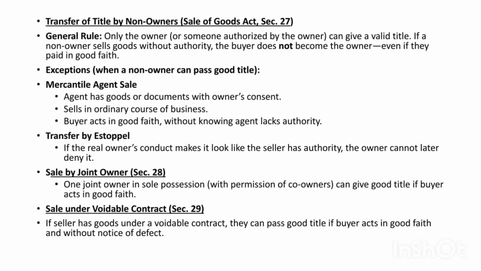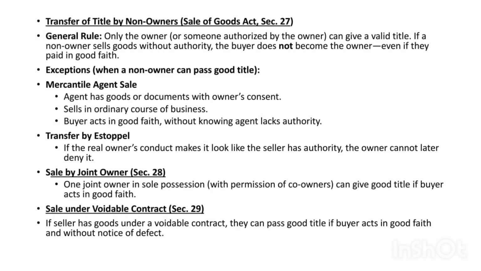The second one is transfer by estoppel. If the real owner's conduct makes it look like the seller has authority, the owner cannot later deny it. So estoppel means you cannot go back on your words or actions. The third one is sale by joint owner, and this comes under section 28.